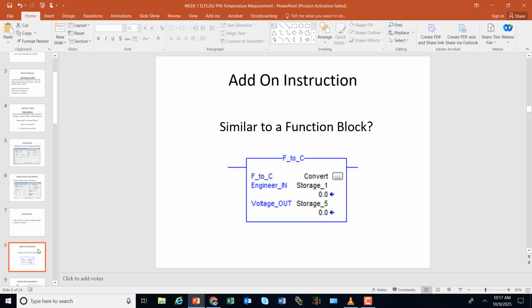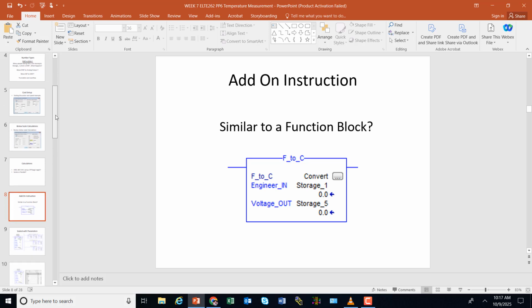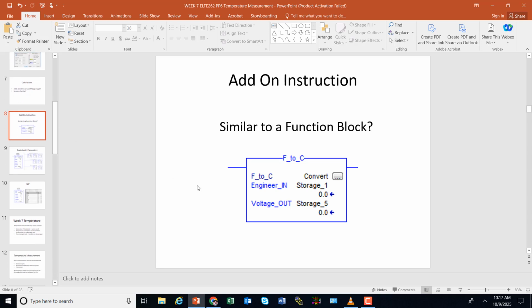We created the add-on instruction, and this went really well. A lot of times in my 261 class, we have students that struggle with this because they don't follow the instructions, and they don't make the right things visible. We had a little bit of issues where you have to determine what's the input and what's the output. Basically, this looks like a function block, F to C, where you put in a value and get another value out.